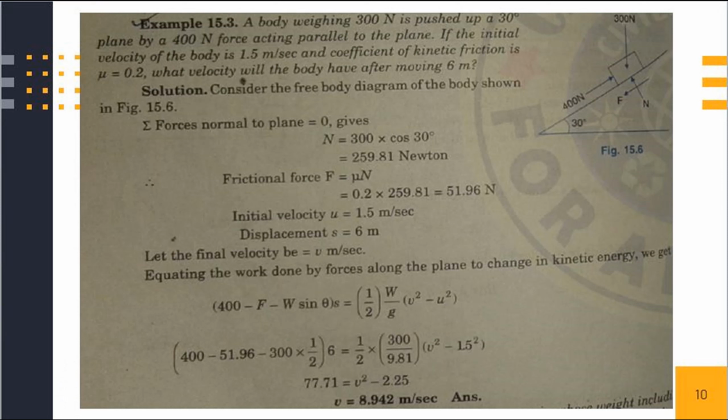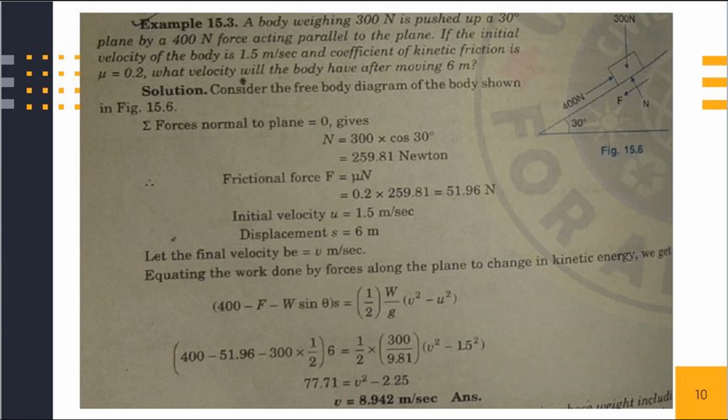Problem number 1. A body weighing 300 Newton is pushed up a 30 degree plane by a 400 Newton force acting parallel to the plane. If the initial velocity of the body is 1.5 meter per second and the coefficient of kinetic friction mu is equal to 0.2, what velocity will the body have after moving 6 meters?